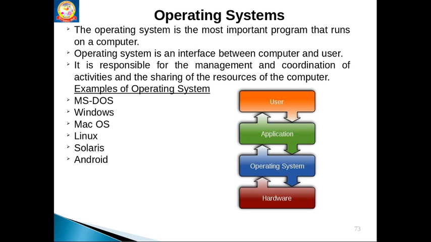From where the data is moved, from keyboard, which device to which device the data has to move, how the data has to move. All the activities are coordinated and controlled by the operating system only.